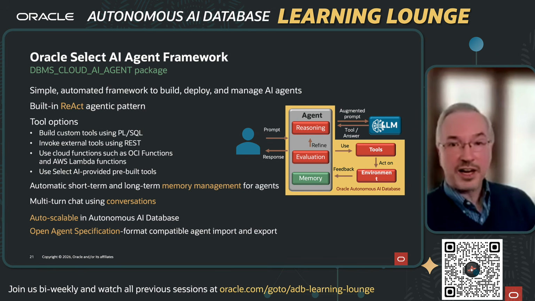The agent interacts with your LLM, specified by its AI profile, by sending an augmented prompt and receiving back the identified tools to use or responses to drive the agent's next steps. The framework supports both short-term and long-term memory for multi-turn chat conversations. Additionally, it enables import and export using the Oracle Open Agent specification, enabling interoperability with other tools that support that format.